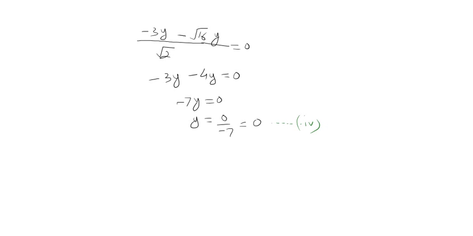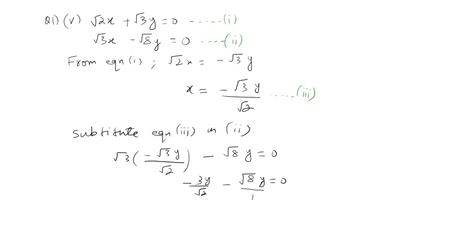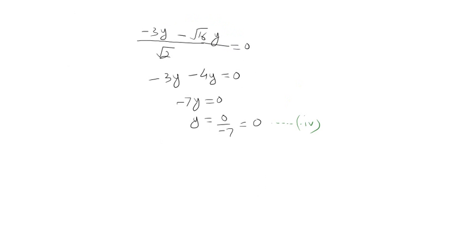So the value of y has come. I can put the value of y here and I can very easily find the value of x. So I'll write here substitute equation 4 in 3. So 3 was x is equal to minus root 3y upon root 2.